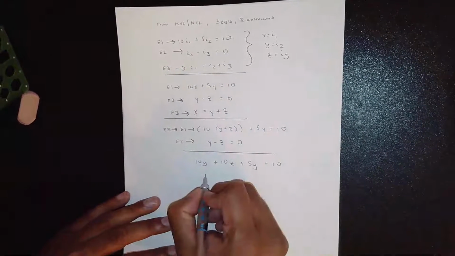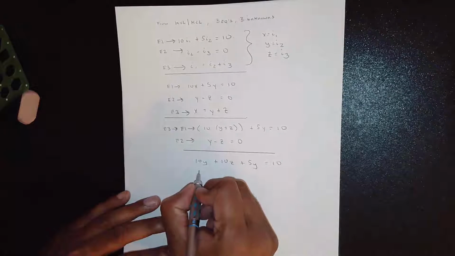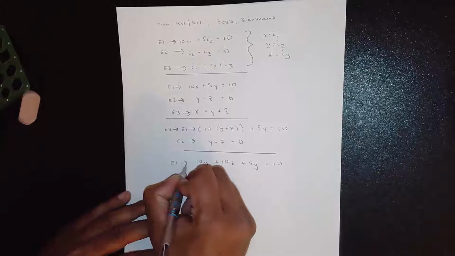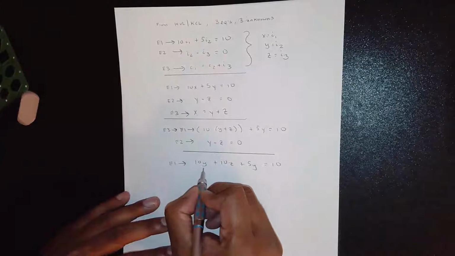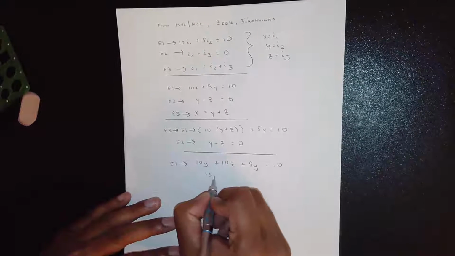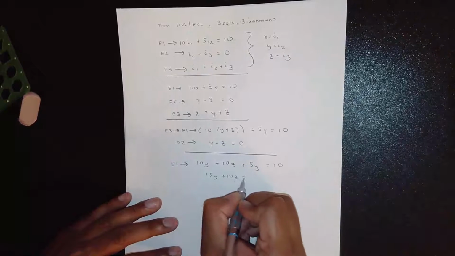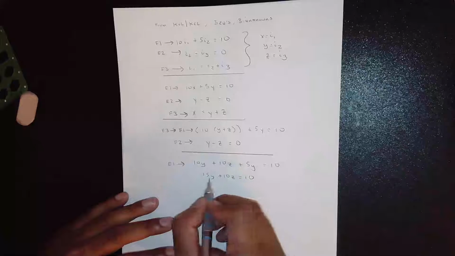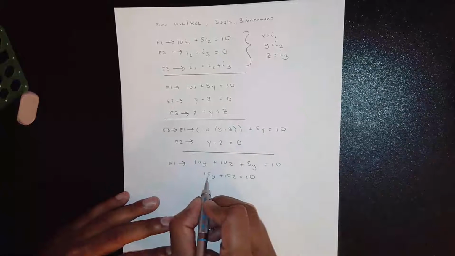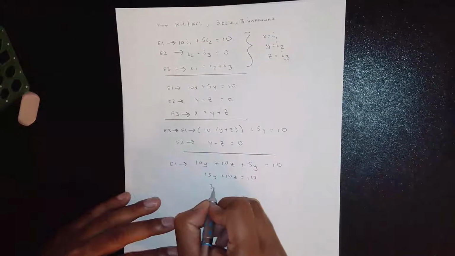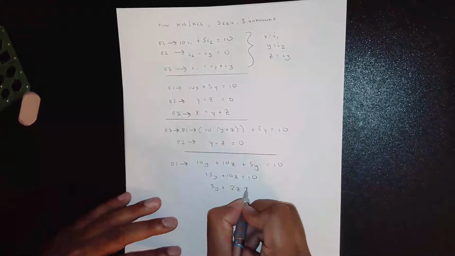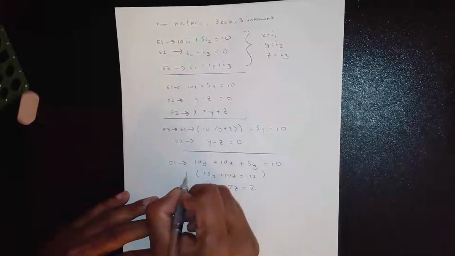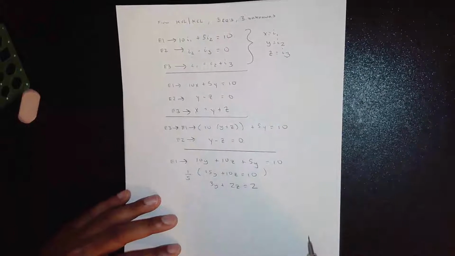Which gives us the following equation, our equation 1: 15y plus 10z is equal to 10. Then we can reduce this easily by dividing by 5, so I get 3y plus 2z is equal to 2. That's how I did it.